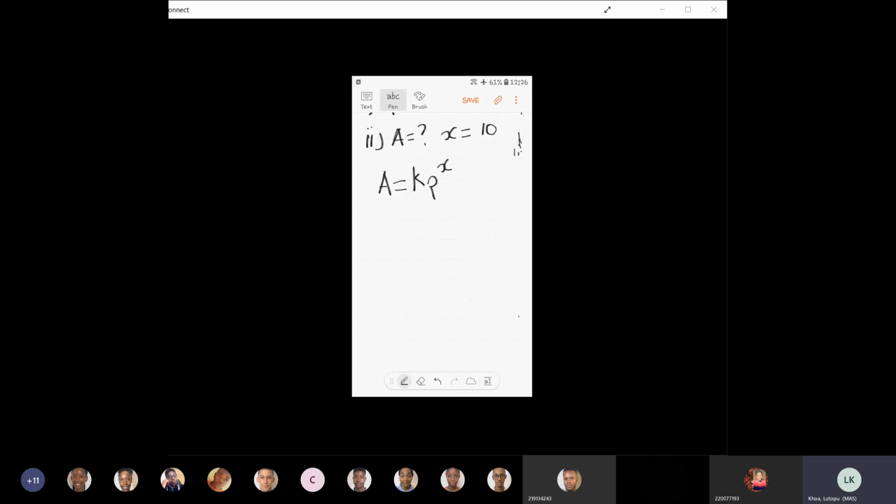So we want to make it a linear relationship between the two. What we do is we take log on both sides. So we have log A equal to log of K P X, like this. Then we use our laws of logarithms.